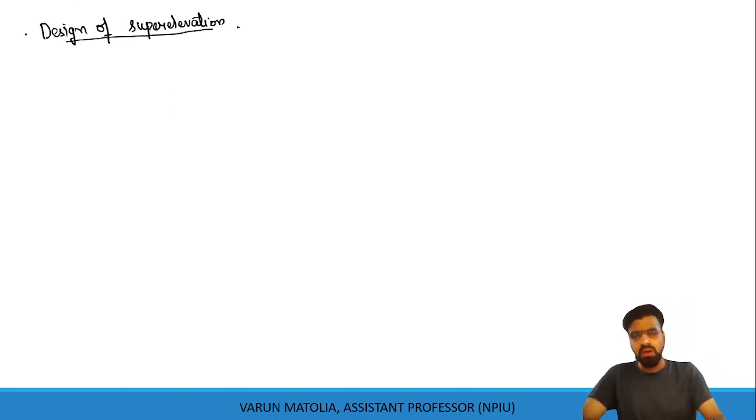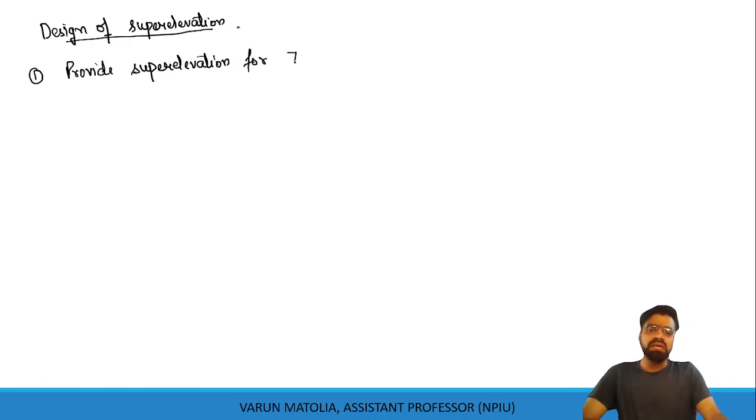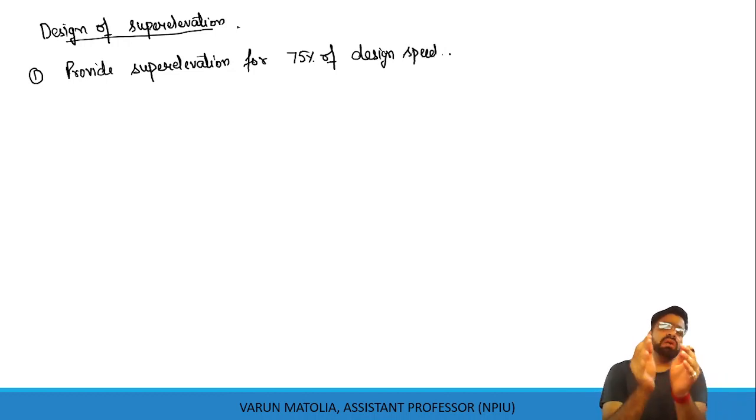We'll consider all these steps and let's understand how we incorporate the slow moving vehicle in our design. So first step is to provide super elevation for 75% of design speed. So now we are not considering the design speed, we are considering some value which is less than design speed, so that we can use this design for slow moving vehicles also.